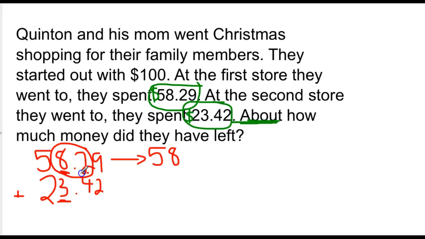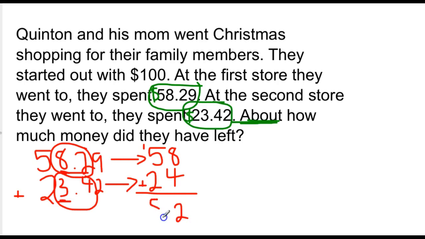Now I'm going to look at $23.42. $23.42 is much closer to $23 than it is to $24. So I'm going to round that to $23. Now I'm going to add these two numbers together, and that gets me $82.